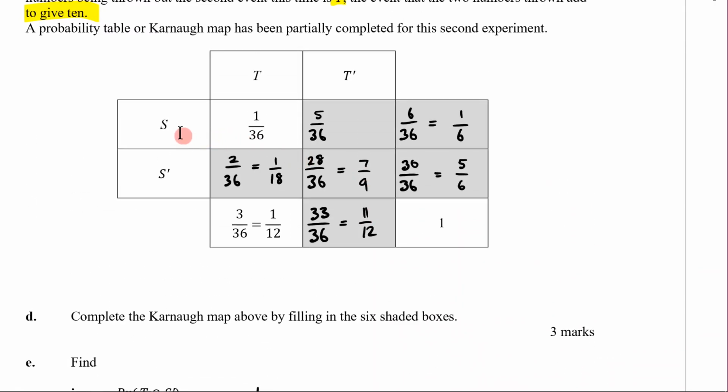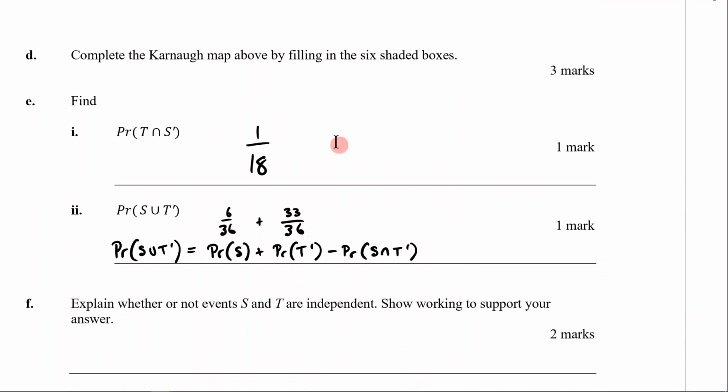Yeah, 5 on 36. So 6 plus 33 minus 5 is 34, so it's going to end up being 34 on 36. And 34 on 36 is the same as 17 on 18. Perfect. So just using that addition rule to go through it there, let's just highlight those answers.